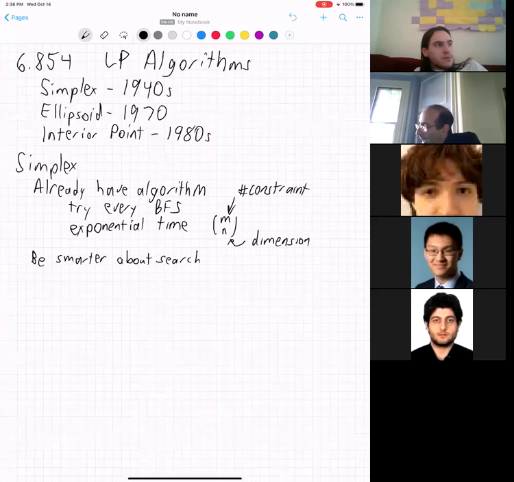Now with Simplex, we are going to focus on standard form. Simplex can be described around any linear program, around any polytope, but the math is easiest to write out when you're looking at standard form.